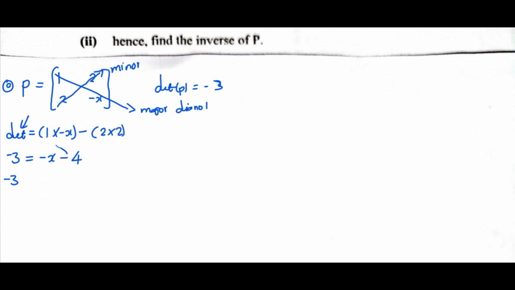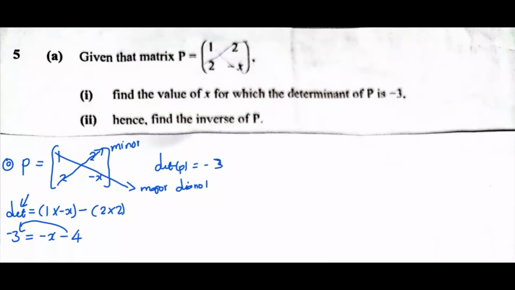We can now collect the like terms. So negative 3 plus 4 is equal to negative x. So here we have 1 is equal to negative x, so x is equal to negative 1.